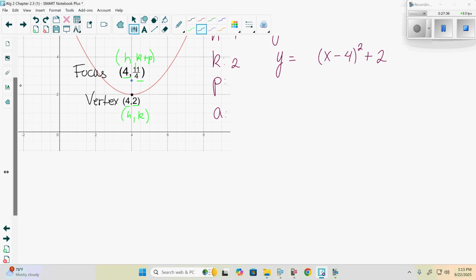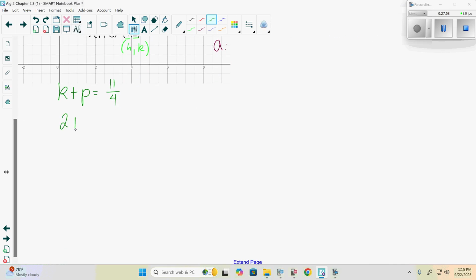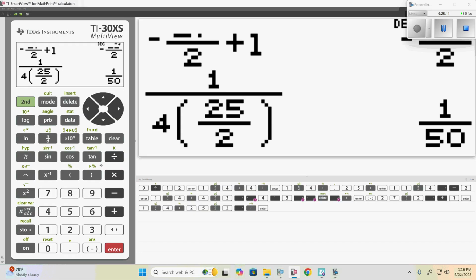Now our value of P. We know that K plus P has to equal 11/4. That's just what it tells us there. And the value of K is 2. So 2 plus whatever P is going to be 11/4. To get P by itself, we would subtract 2. If you want to do that by hand, that's perfectly fine.